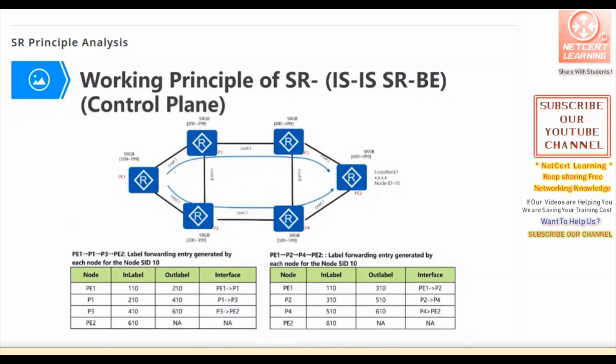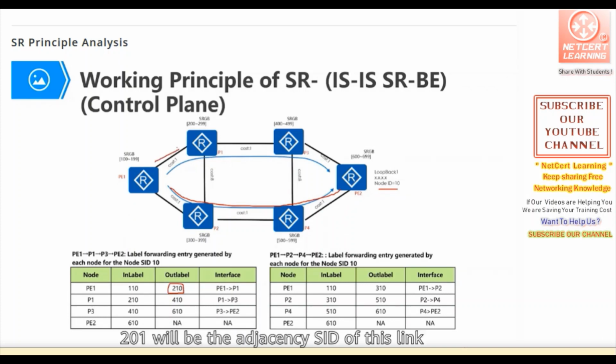Now here, on PE1, if we want to go to this node 10, based on the ISIS calculation, we have two paths, and these two paths have the same cost. For the path from PE1 to P1 to P3 to P2 and to PE2, first the out label is 210.